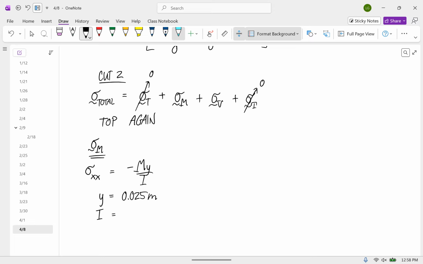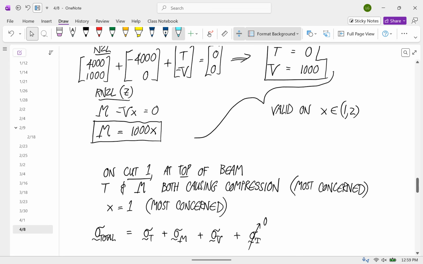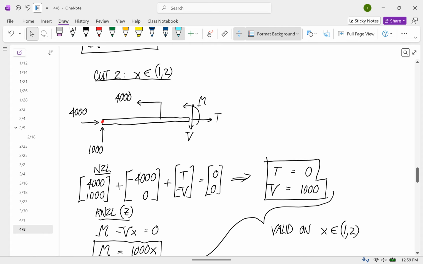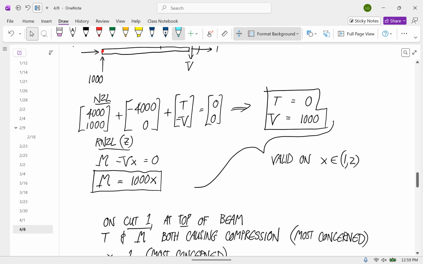Our I is still going to be 2.083 repeating times 10 to the minus 7 meters to the 4th. But this time our bending moment for cut 2 is going to be 2,000.